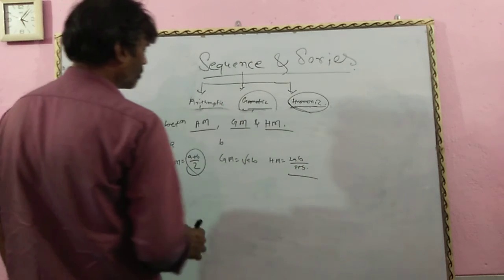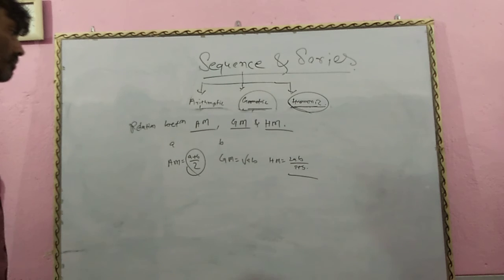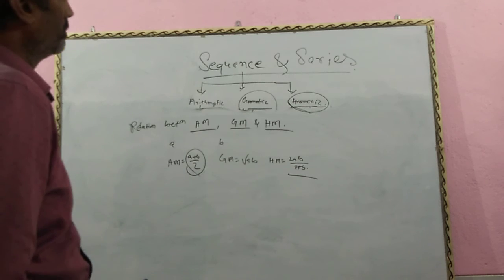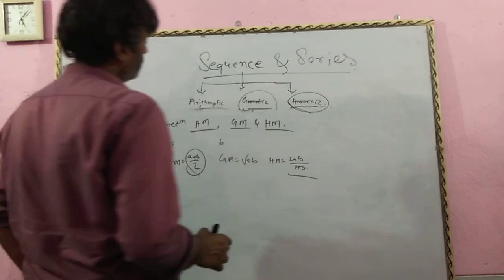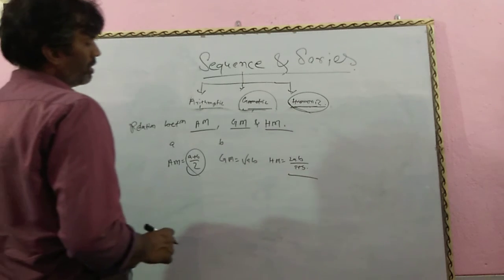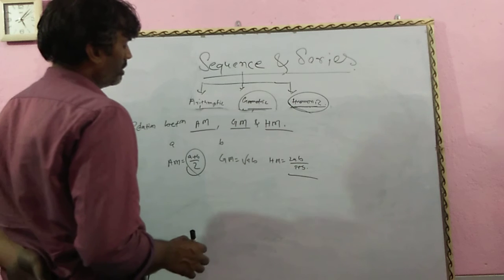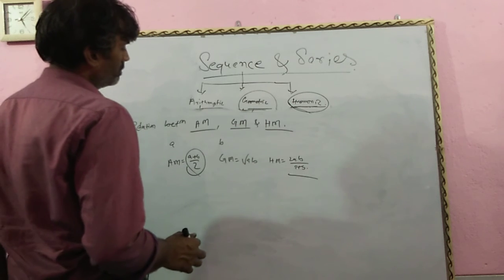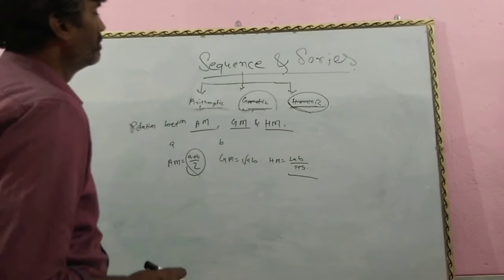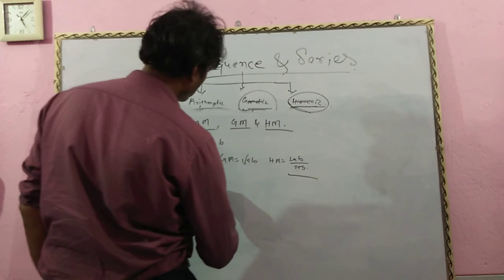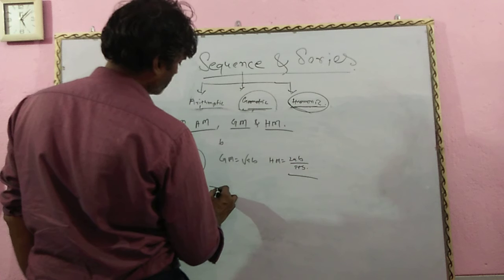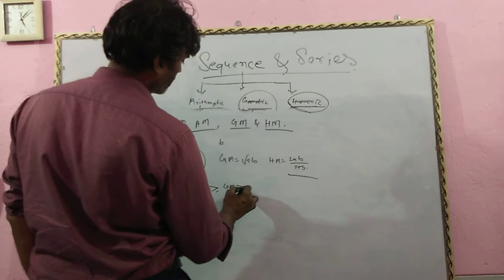Fine. Now what do you see? That arithmetic mean is always greater than or equal to geometric mean, and geometric mean is always greater than or equal to harmonic mean.